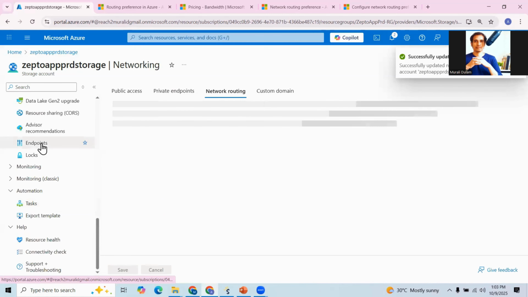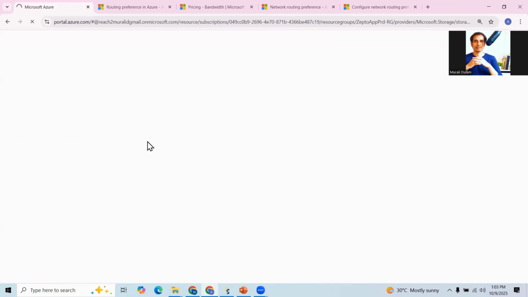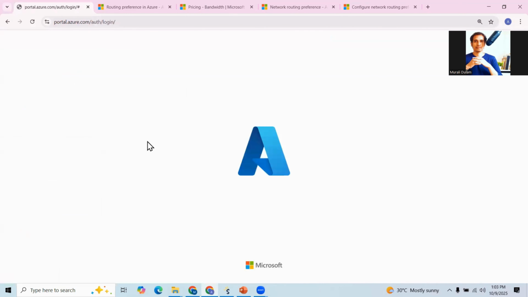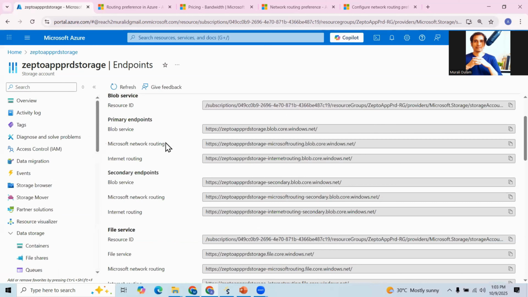Now just go back to endpoints and refresh. Now just see, in addition to Microsoft network routing, you can also see one more endpoint called internet routing. In this way, you can see these endpoints also.